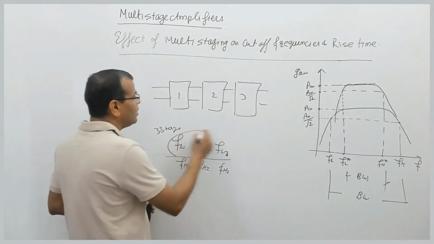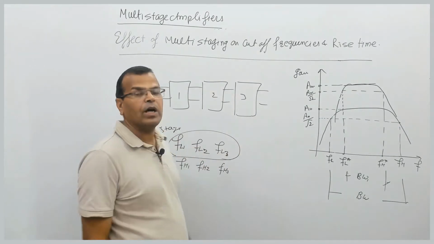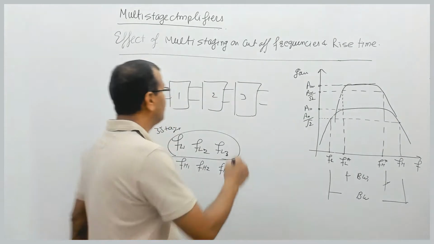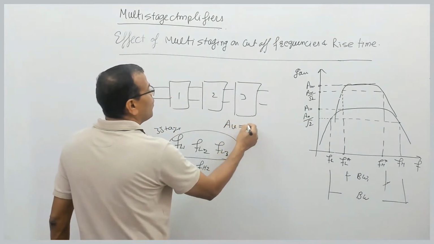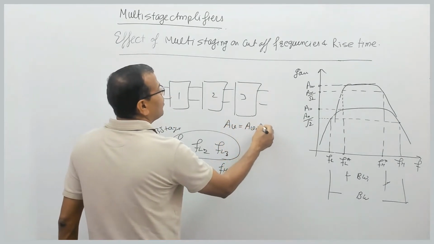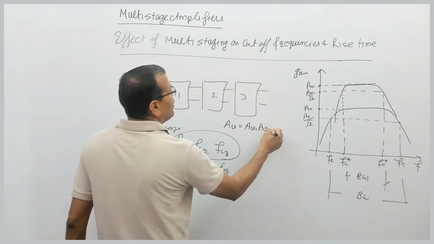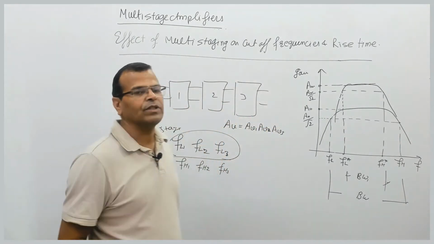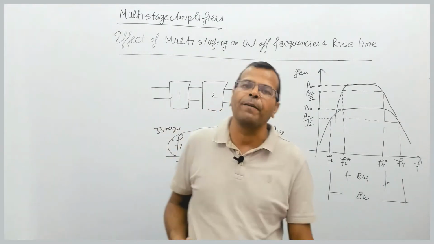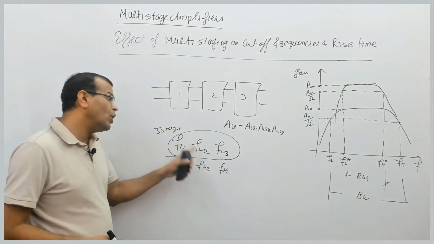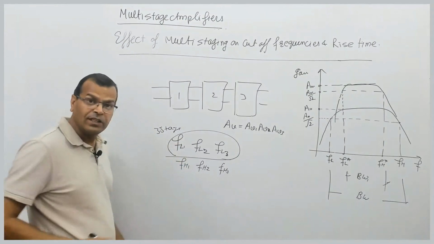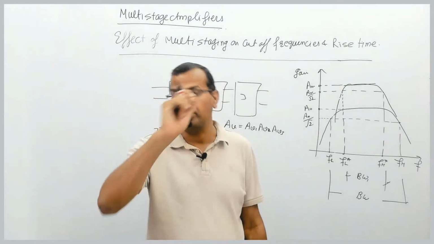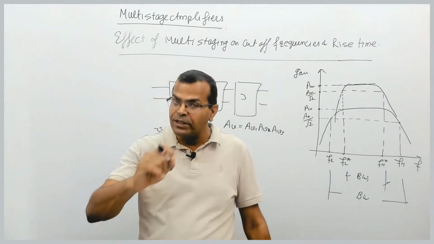Now, what will be the overall lower cutoff frequency? That's an important point. Overall gain is equal to the product of gain of individual stages, provided these are not interactive stages. I'm just assuming. But how will you select the lower cutoff frequency out of 3? This is an important question from the examination and engineering services point of view.